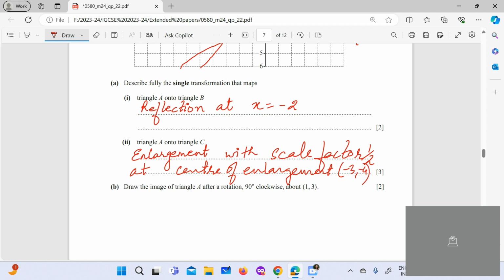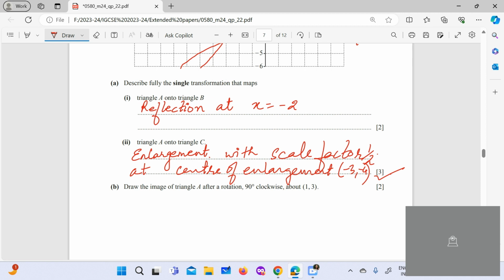So see, you have 3 points here. One is for the word enlargement, then 1 mark is for scale factor, and another mark is for center of enlargement. I hope this is clear to everyone. Okay, now let's go to the next part.